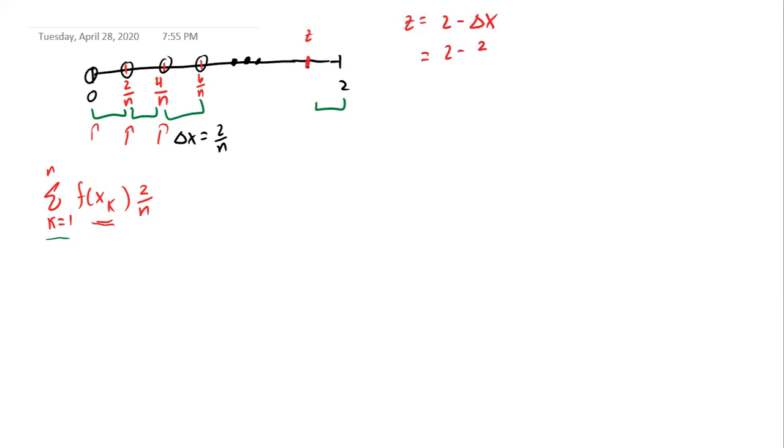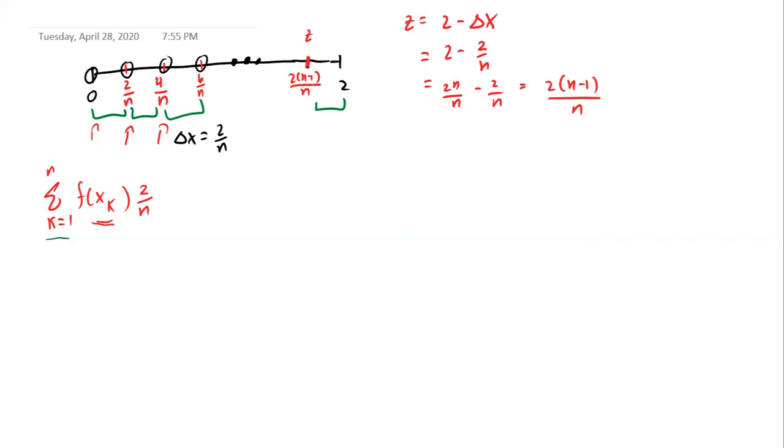So 2 minus 2 over n. If you get a common denominator, that is 2n over n minus 2 over n. Simplifying, that's 2 times (n minus 1) over n. So we know that this subinterval division before we get to 2 is 2 times (n minus 1) over n. I wanted to do that so I can show you that you can go either left to right or right to left. I don't think that's something that I mentioned before. So just throwing that out there.